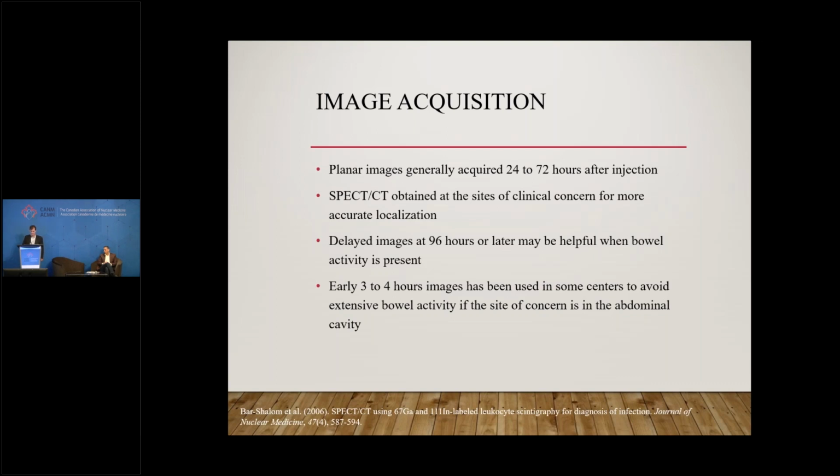If there is an uncertain finding, for example, activity in the bowel, we would ask the patient to come back for up to a week later to see if the activity moves from the current scan. And I have seen early images at 3 to 4 hours after gallium injection to determine if there is pathologic accumulation of gallium in the abdominal cavity.